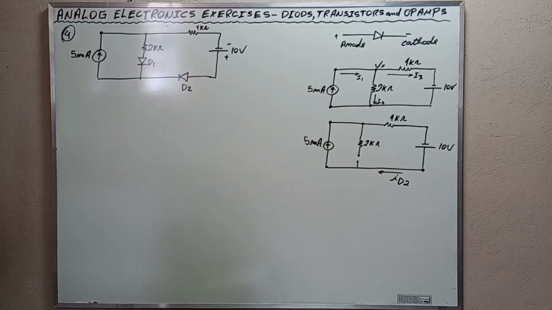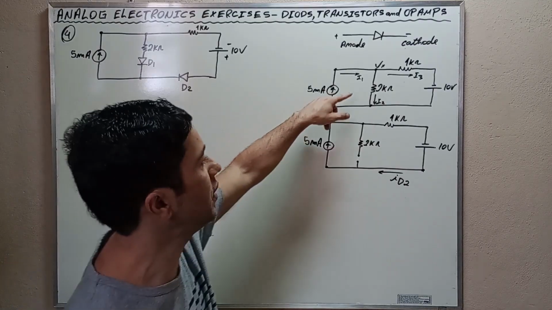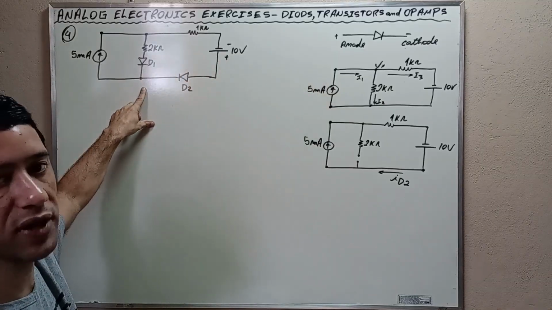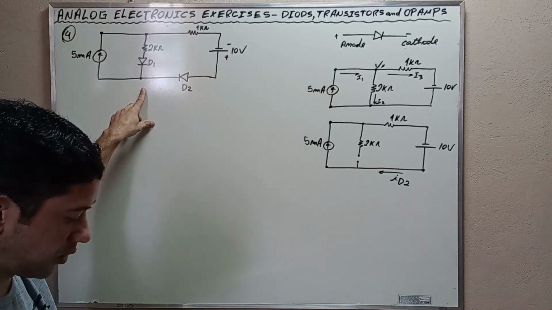Let's go to the solution, my friends. Let's firstly assume that both diodes are on. That is, both diodes are conducting. In this way, the circuit becomes this. This is the equivalent circuit when we establish that both diodes are conducting, okay?